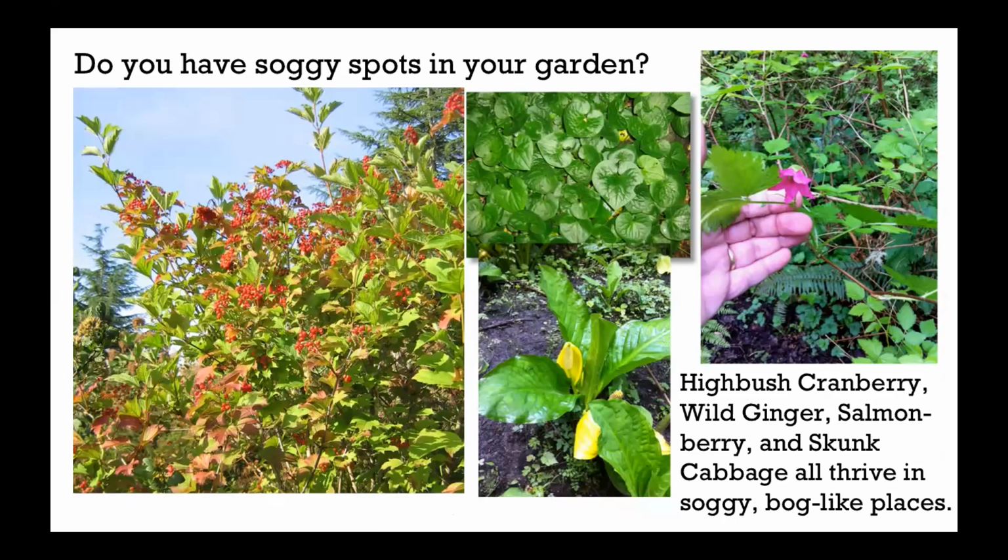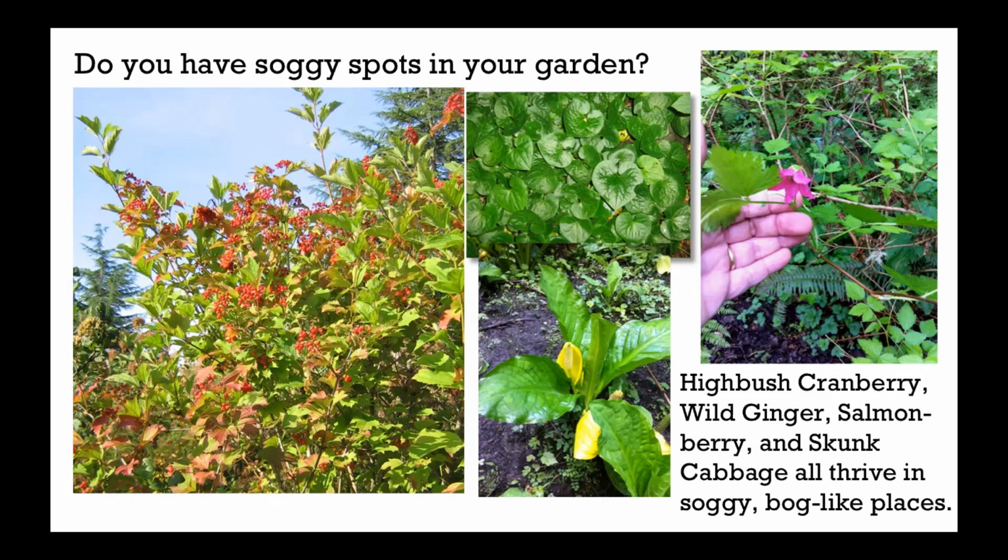Soggy spots are another common thing in our natural areas in Western Washington. And the high bush cranberry is a plant that I showed before, that loves to have wet soil in its root zone, and it likes to be in full sun, but it can handle part shade. Some of these other plants, the wild ginger in the center, and then the salmonberry on the right, and skunk cabbage.